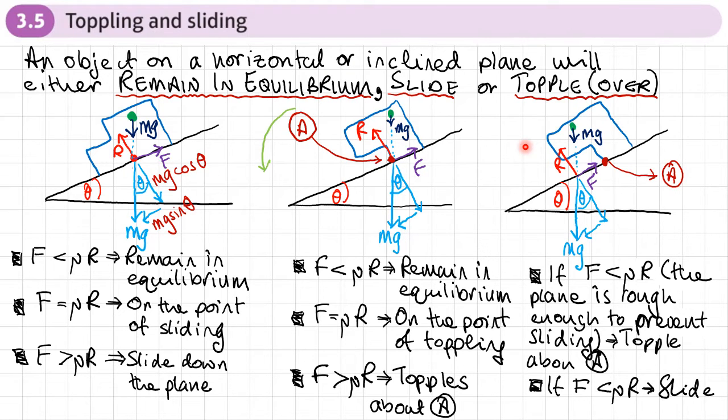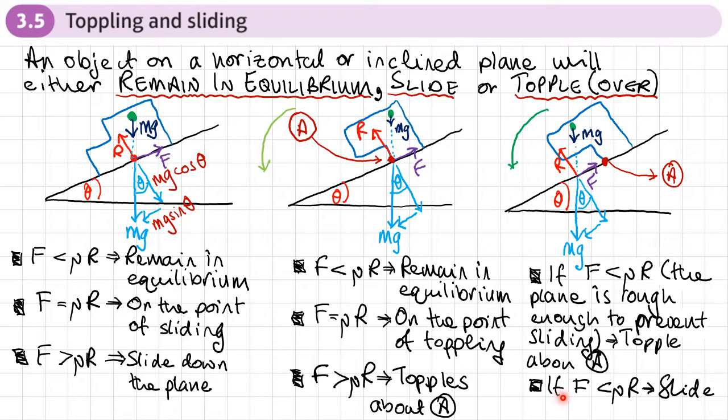Then the last situation we can have is something like this, where the line of action goes to a point which is outside the contact face here. So you've got a normal reaction acting outside of the contact face. And in this case, if F is less than mu R, that means that the plane is rough enough to prevent sliding, then this object will topple about A. So actually it will start rotating around like this, and you can imagine this bit here starts to fall down, it's going to hit the plane.